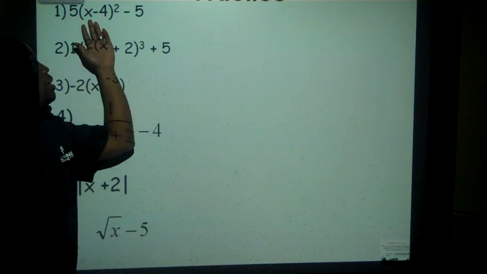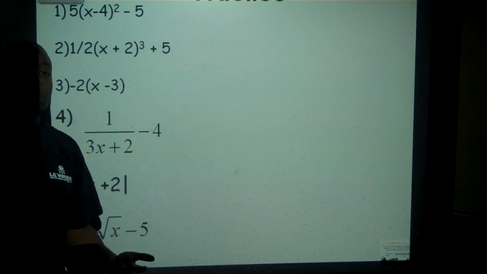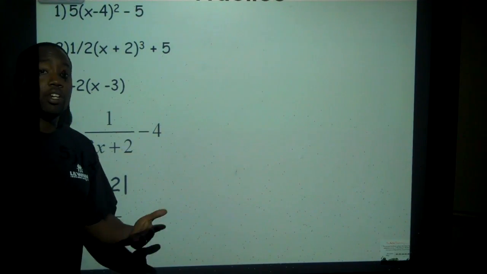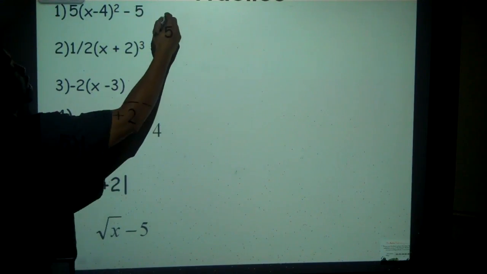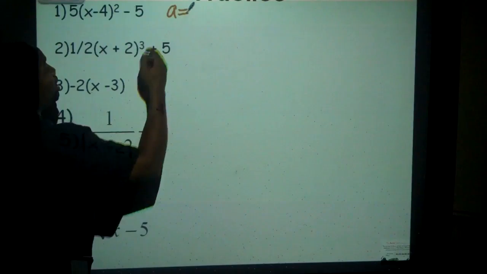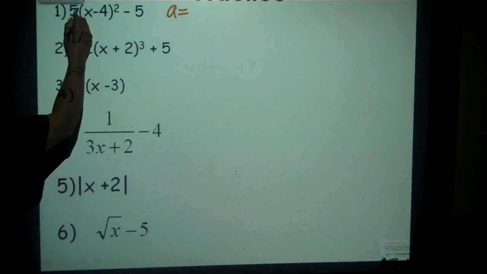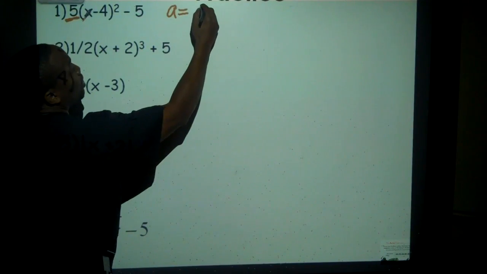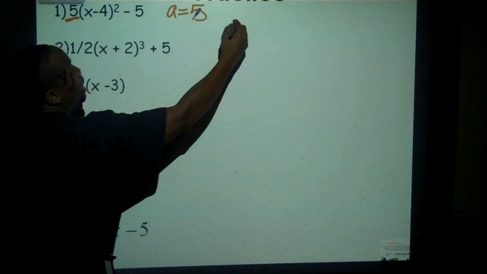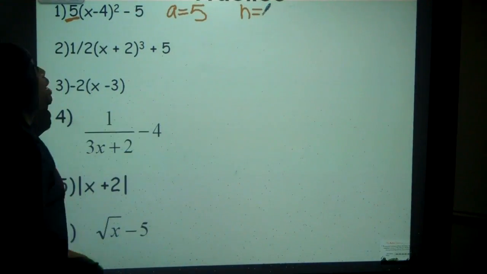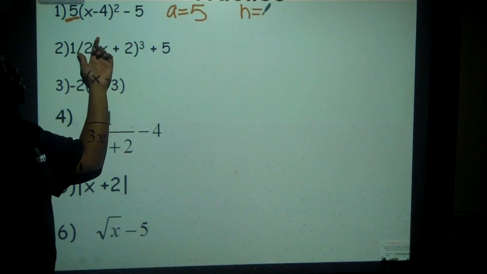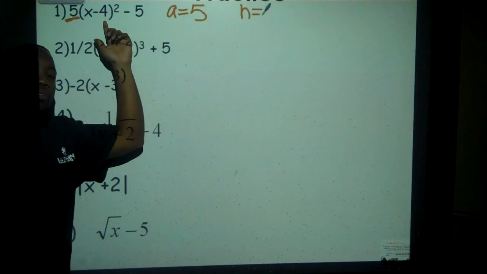First things first, we have this right here. Let's make sure we get everything straight. Our first thing is, what's my a in this situation? My a is going to be right here, so it's going to be 5. Now my h is going to be the 4. But what do I have to do with the 4?